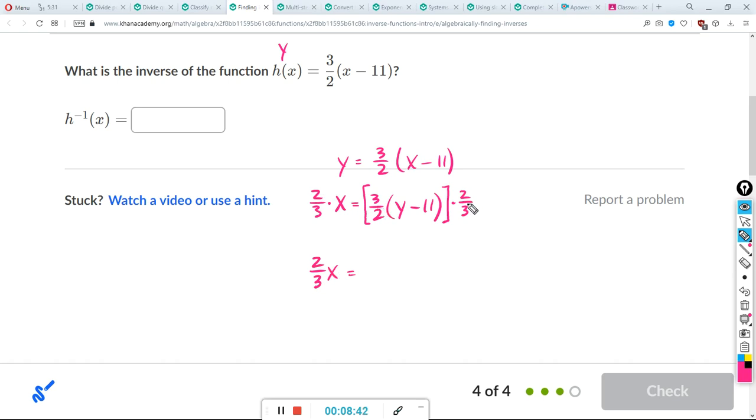And what's 3/2 times 2/3? Well, 3 over 3 cancels, and 2 divided by 2 cancels. So it's just 1. We cancel the 3/2 and the 2/3, and we're left with y minus 11.